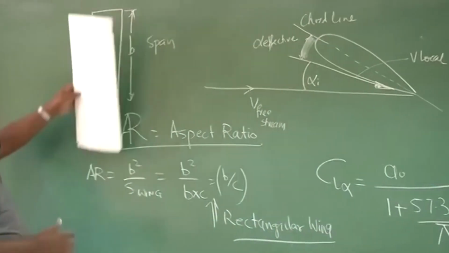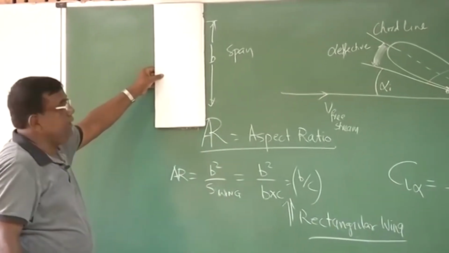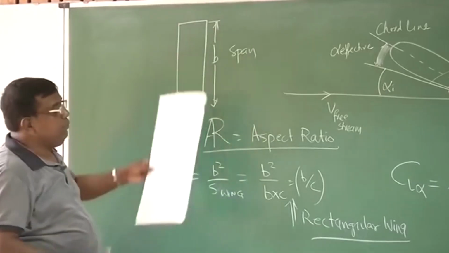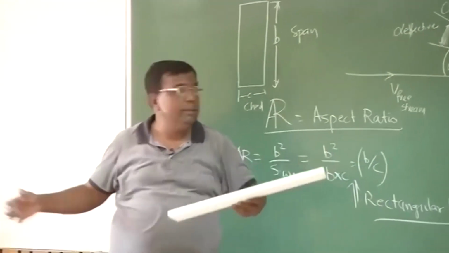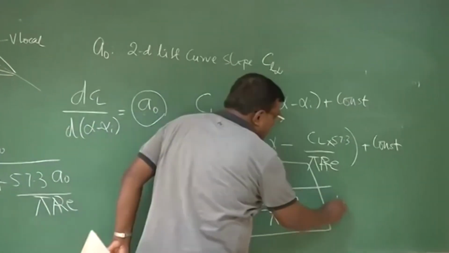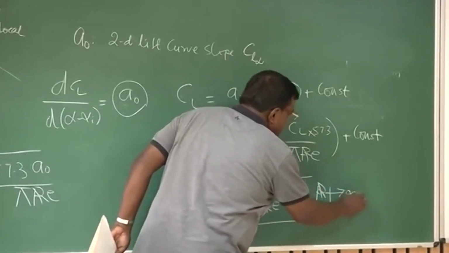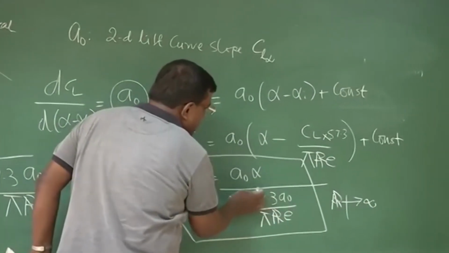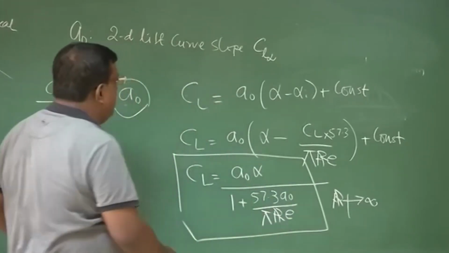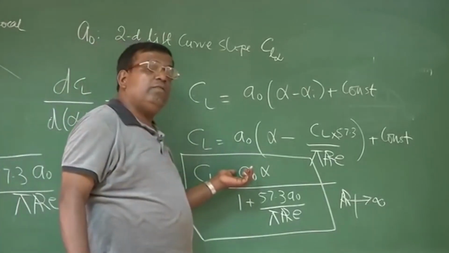Now see, if this is the wing and the span is increased to infinity, what will happen to the aspect ratio? So aspect ratio also will become infinite. If aspect ratio becomes infinite, very large, then this term will become 0. So in that case, the CL will be the same as the CL you get from 2D.